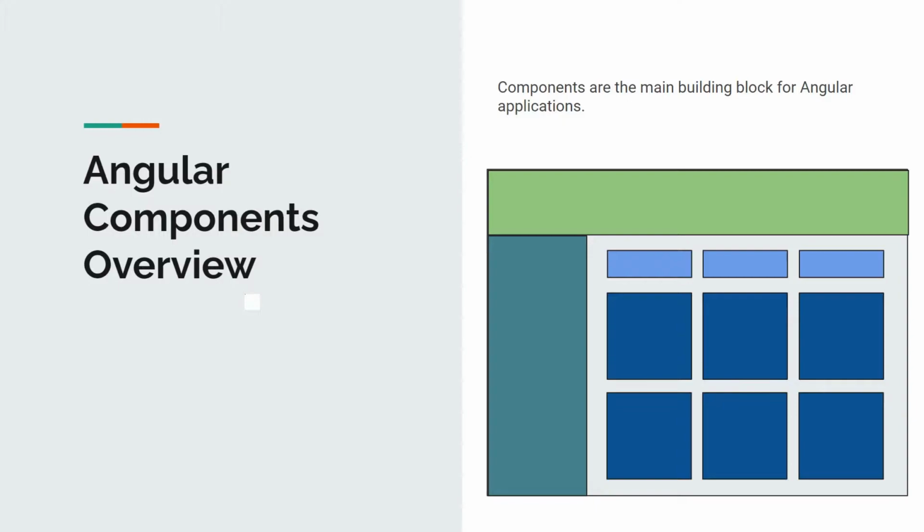Try to identify the header, which is in green color, the right navigation panel and menu buttons, which are in light blue, and item widgets, which are in dark blue. We can use a separate component for this header. It means all behaviors, views, and all relevant details about the header are in the header component.